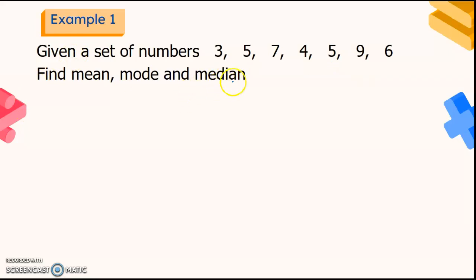Number 3, we are going to find the median. Median is the middle value of the data. First, we arrange the data in increasing or decreasing order. Let's say I arrange in increasing order. So we have 3, 4, 5, 5, 6, 7, and 9.